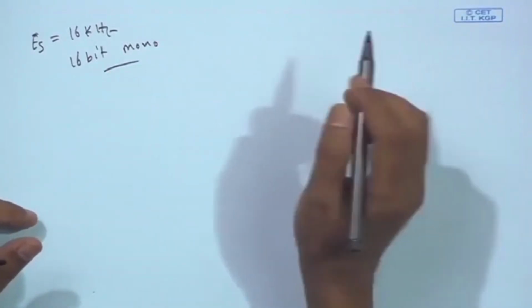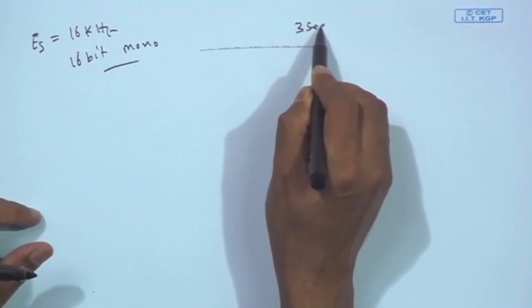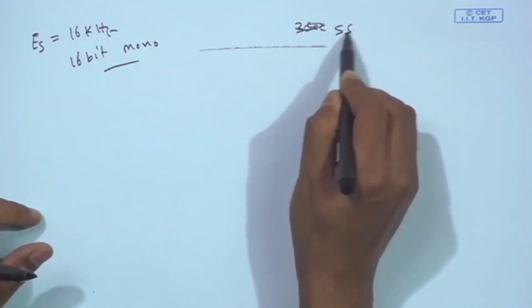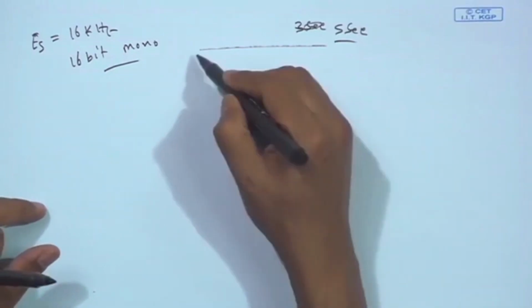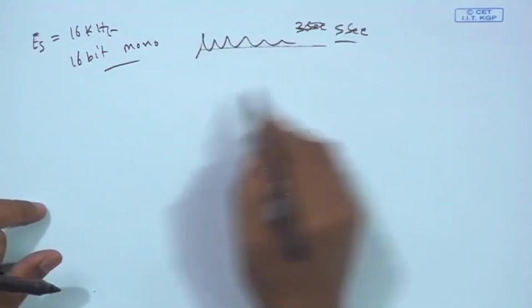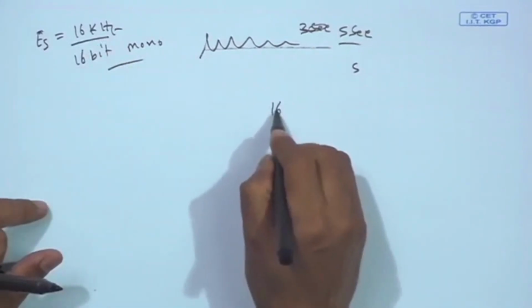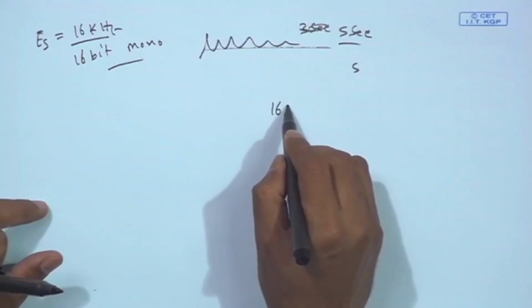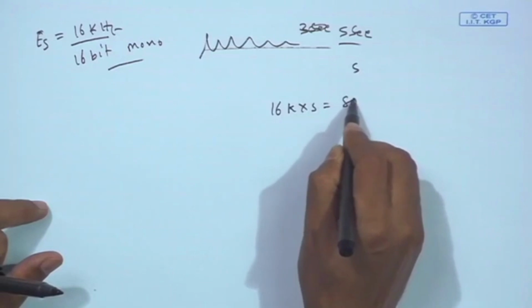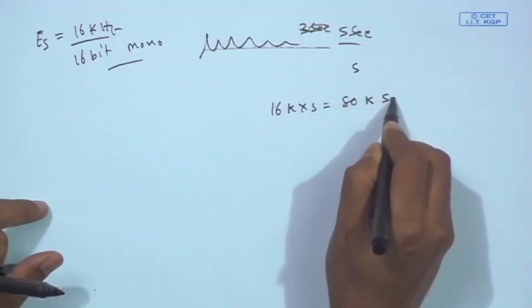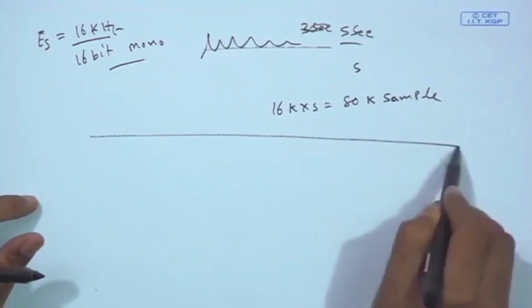Let us say your name consists of a 5-second speech signal. That means 16 kilohertz, 16k samples per second, so I get 16k into 5, 80k samples.